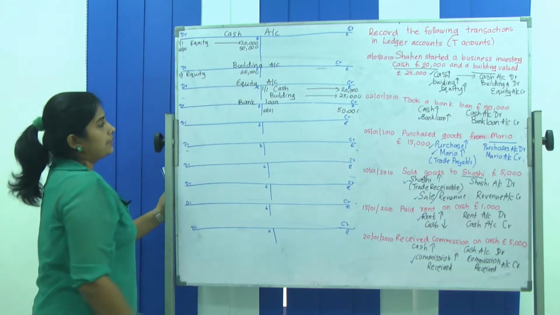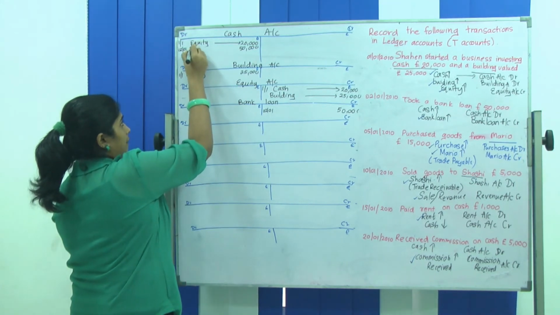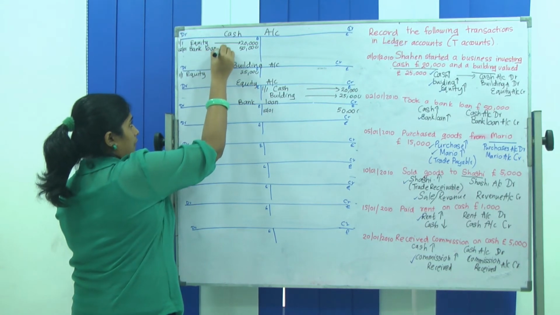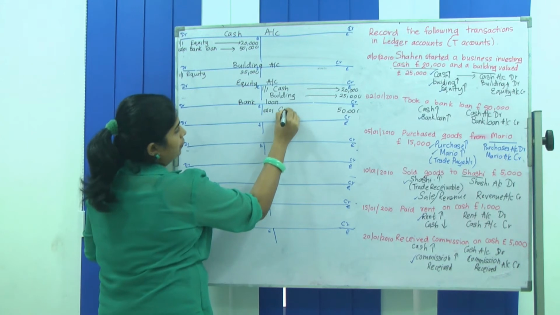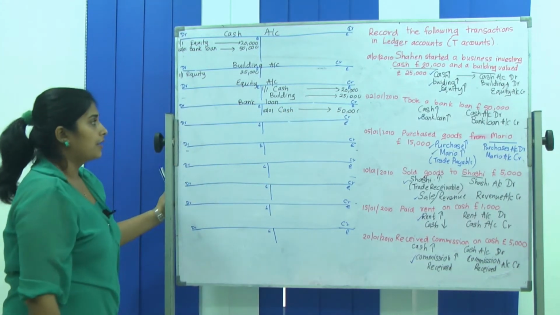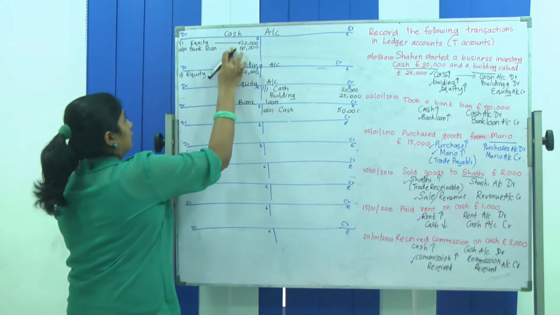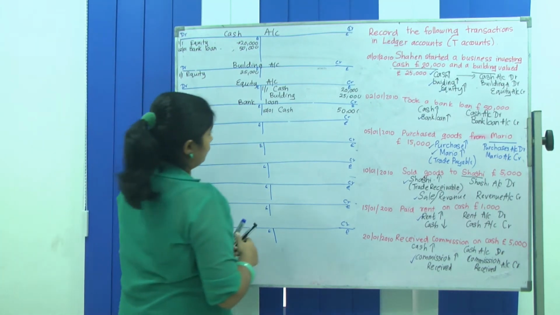Now the debit entry is there in the cash account, whereas the credit entry is there in the bank loan account. So right in front of 50,000 you can write bank loan. In the bank loan account, right in front of 50,000 you can write cash account. So no need to draw the lines. Now that is the second transaction.